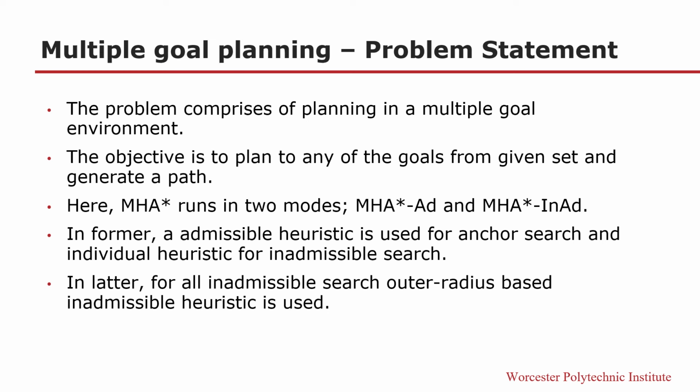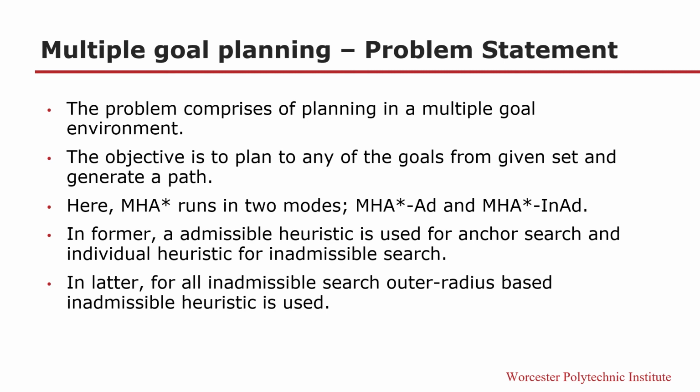Such planning can be assumed in an autonomous car in a parking scenario where there are multiple parking spots and the car needs to plan to any one of the parking spots. Here, the multi-heuristic A star runs in two modes: multi-heuristic A star admissible and multi-heuristic A star inadmissible.